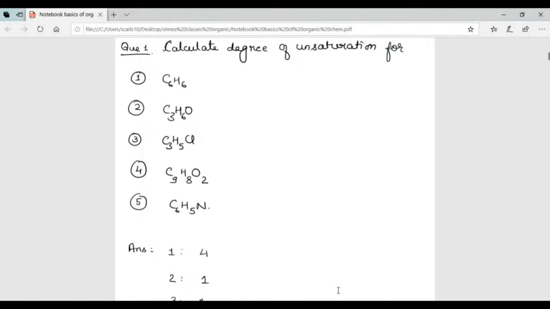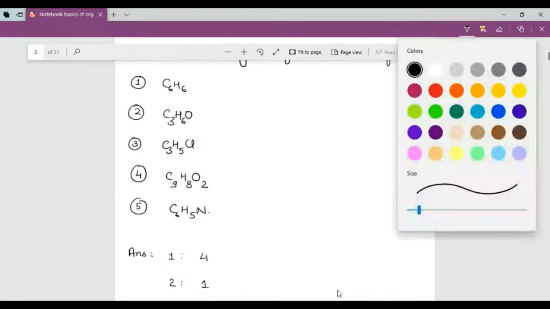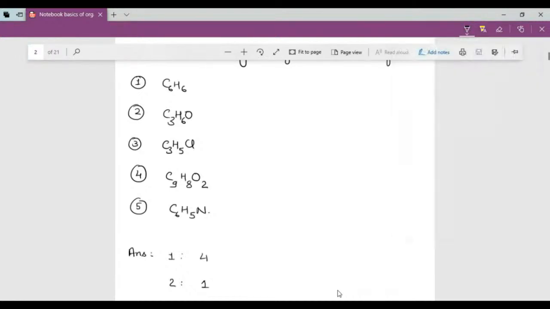So first, let me remind you what the formula for degree of unsaturation was. DOU is equal to C plus 1 minus (H plus X minus N) upon 2.